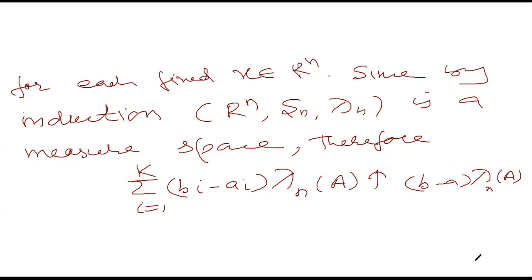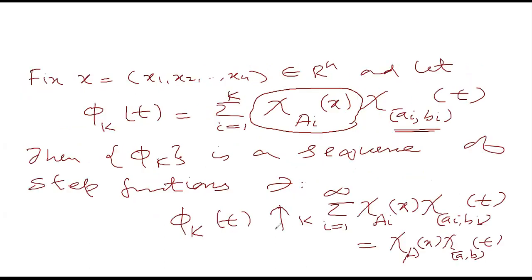So look at this stuff. This is from double star actually. Now if I write this phi_k(t) as this series, then you can apply the integral. We have to write one more step here.